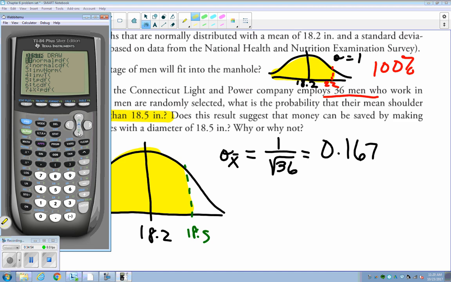And again, I'm going to use my second distribution and go to the normal curve. I'm again going to have that lower limit as negative 99999. My upper limit is going to be 18.5. And mu is 18.2, but my standard deviation now is 0.167.